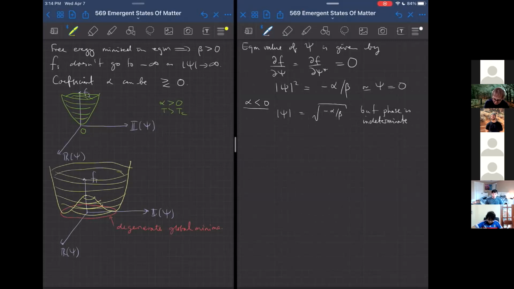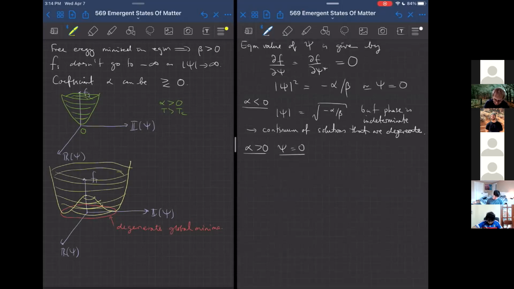And so you have a continuum of solutions that are degenerate. And if alpha is greater than 0, then the only solution is that psi is equal to 0. So that's what the solutions look like.